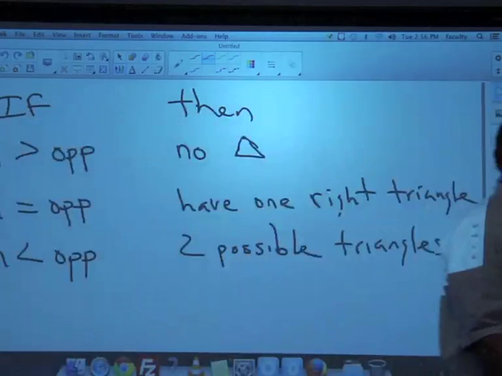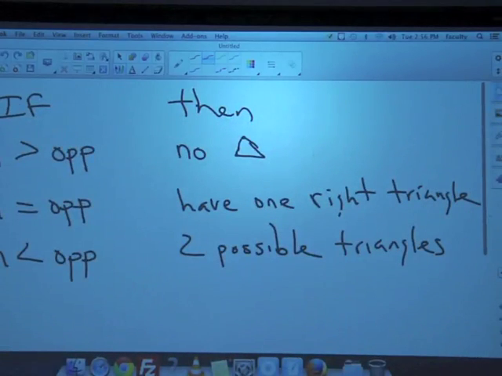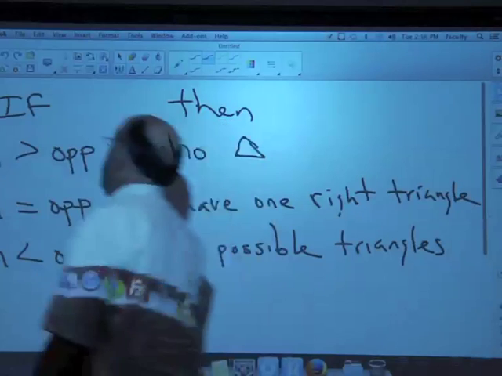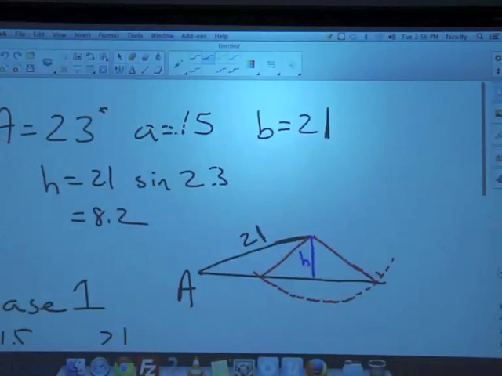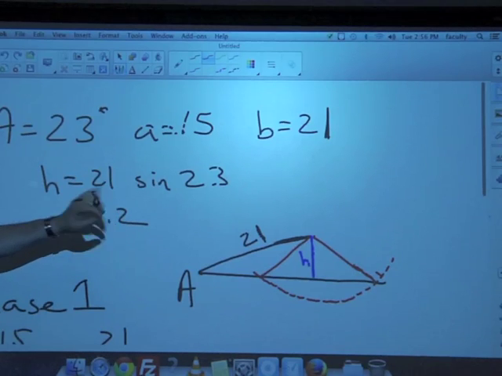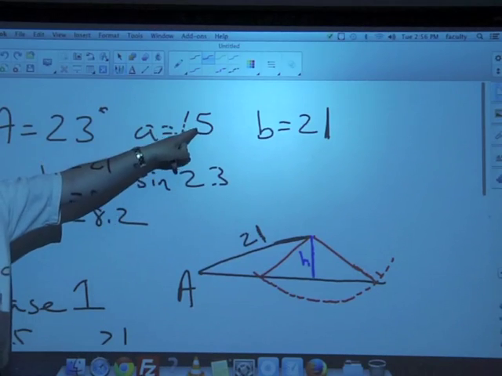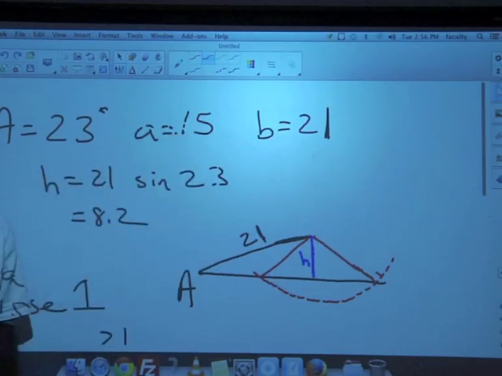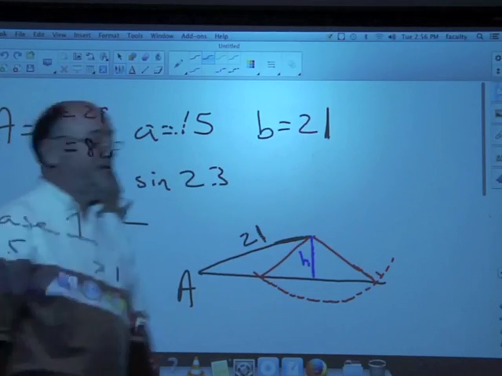So side A is opposite angle A. First thing we do is find the height. This number is less than that number. Therefore, two triangles.